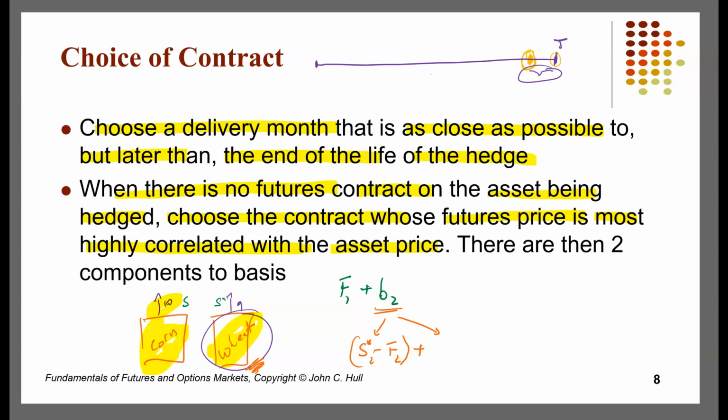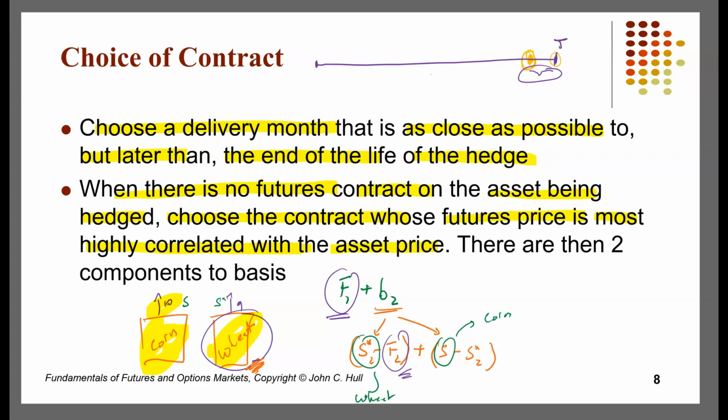That second component will be the difference between the price of corn and the price of wheat, where this value here is the price of wheat and that value here is the price of corn. And remember, the F1 here is the futures price on wheat today. The F2 here is the futures price on wheat at that purchase time or sales time in the future. So the basis is going to be split into those two components.